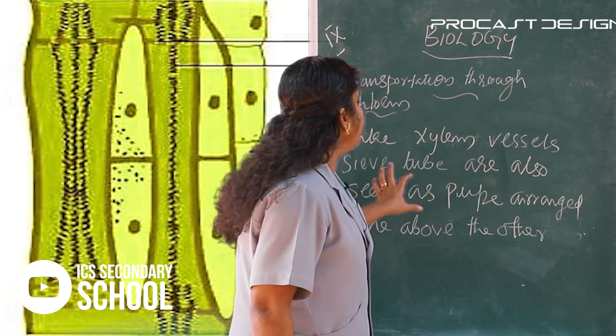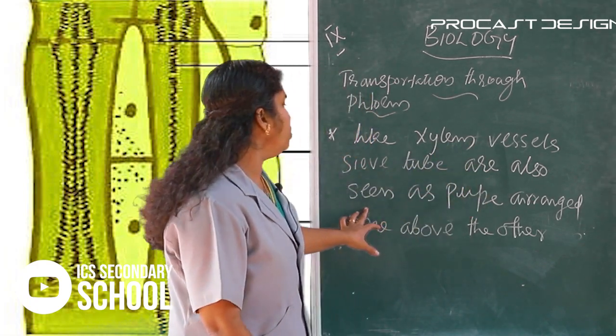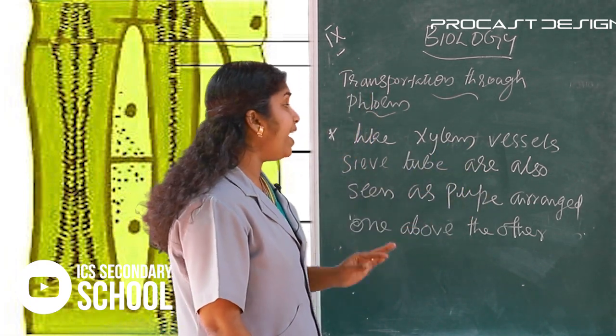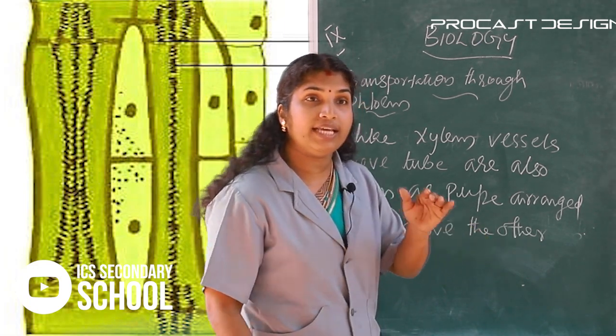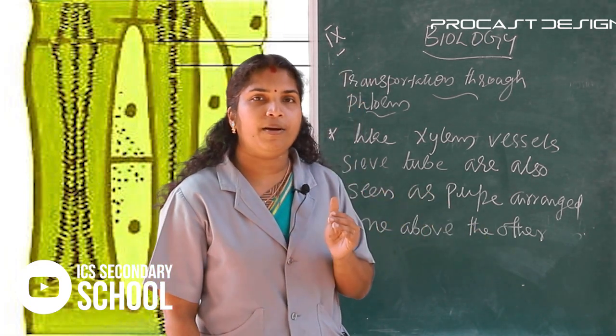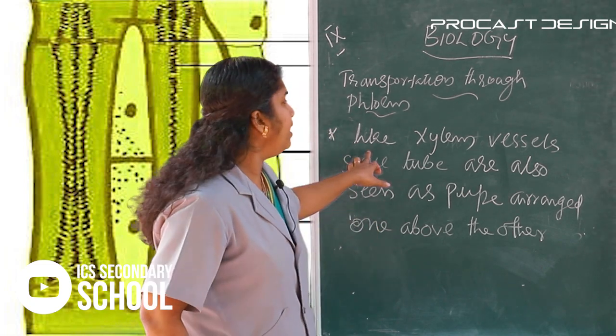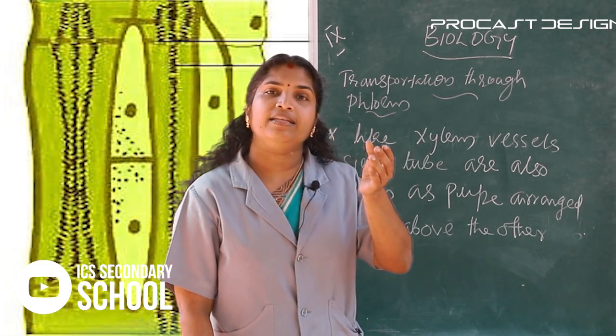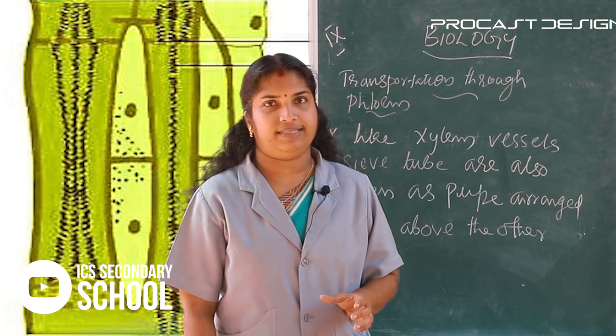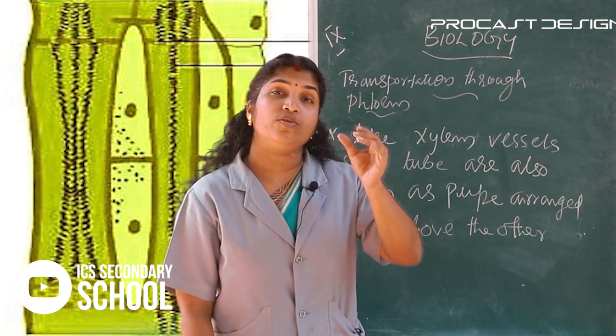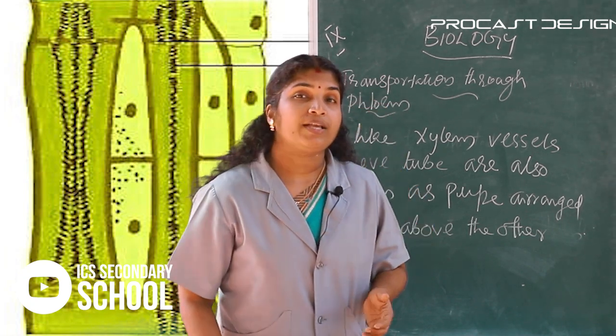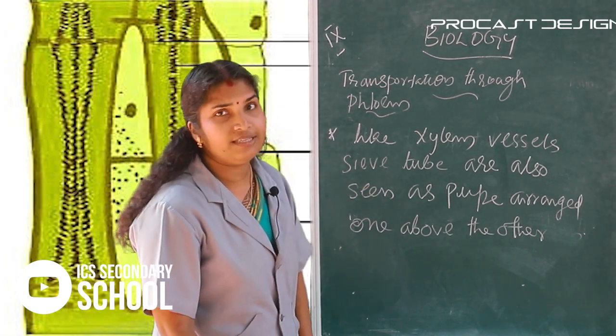Like xylem vessels, sieve tubes are also seen as pipes arranged one above the other, forming a tube-like structure. The conduction of sucrose takes place through the sieve tubes.